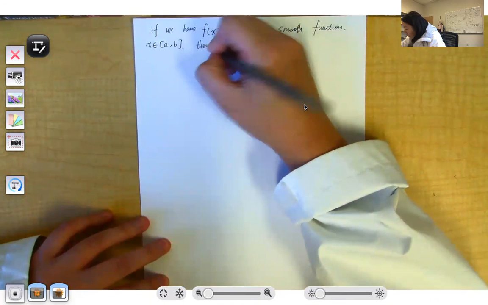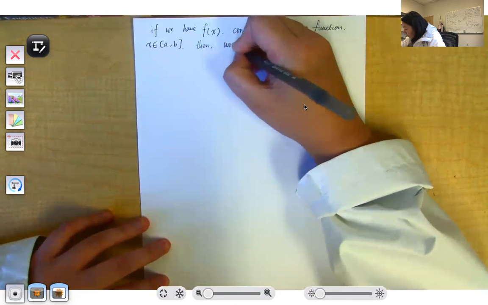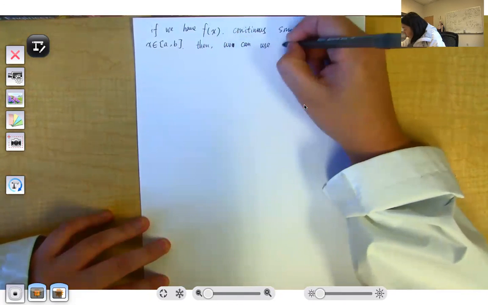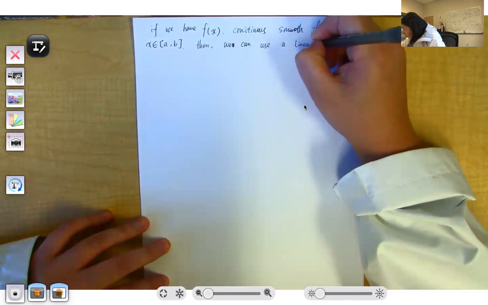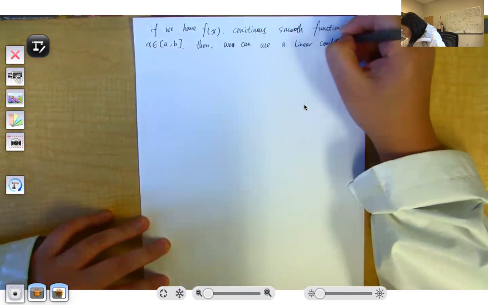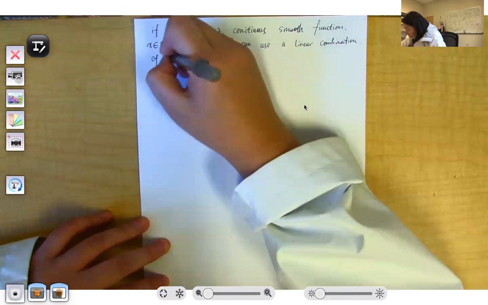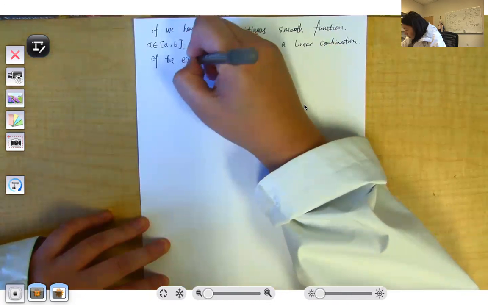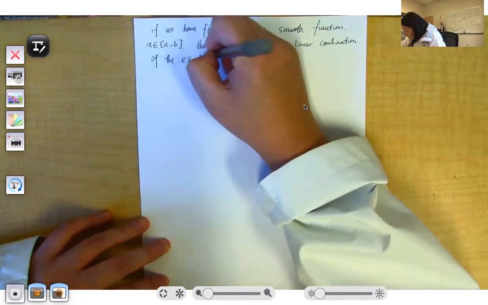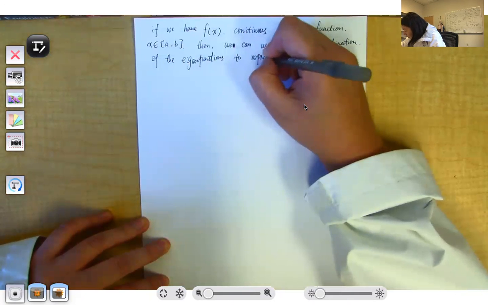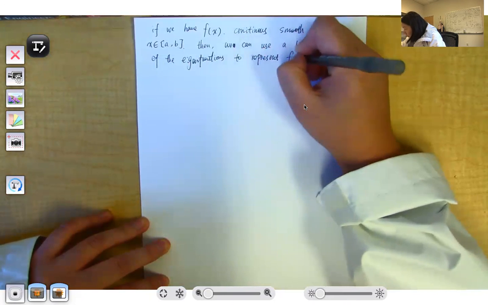Then we can use a linear combination of the eigenfunctions to represent f(x). Okay.